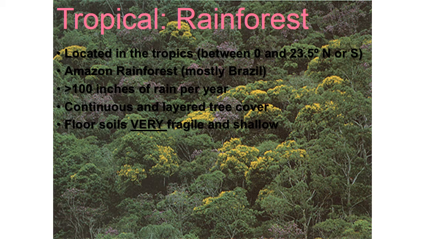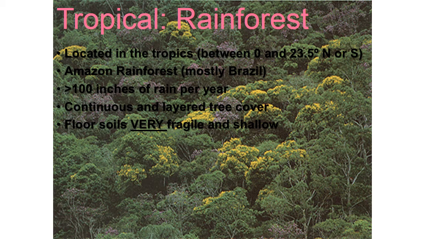There are many trees, obviously, and very tall trees within the rainforest, but also smaller trees that perhaps don't get the notoriety that the taller ones do. One other thing that a lot of folks may not know is that the soils in rainforests are very fragile and shallow. We oftentimes will think, oh, the rainforest, those are thick, dense, very fertile soils.